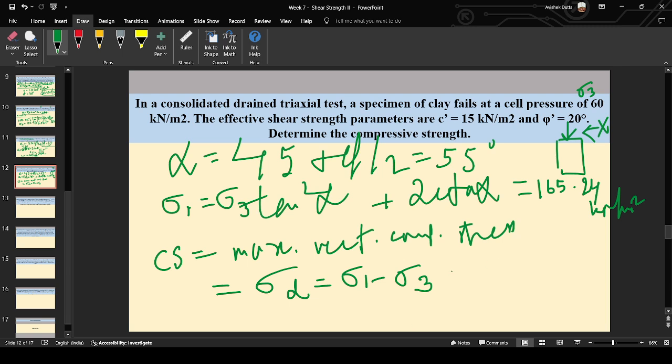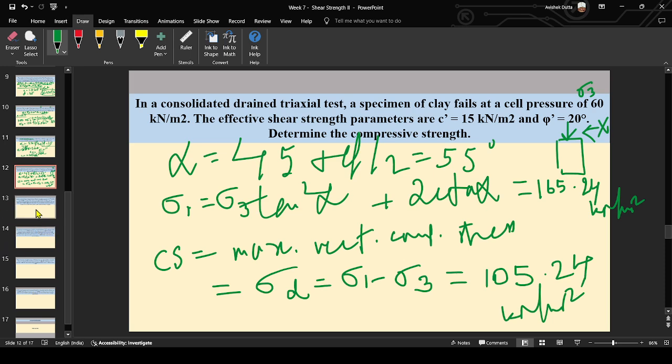So 165.24 minus 60 gives approximately 105.24 kilonewton per meter square. This is sigma d, the compressive strength. Clear?